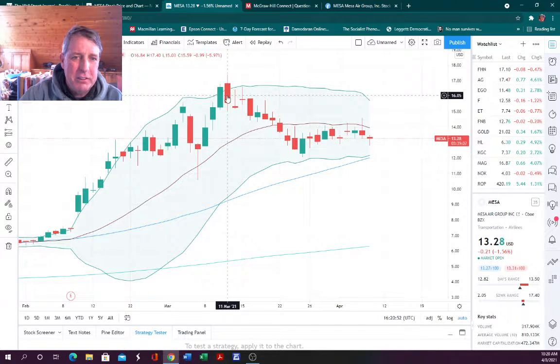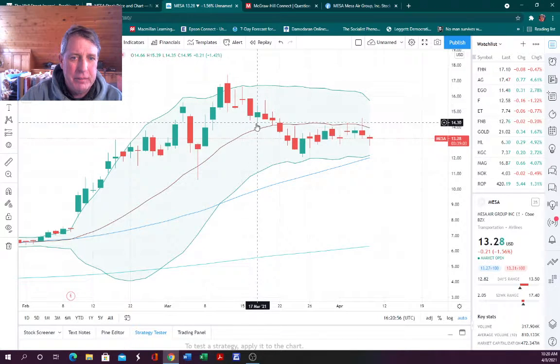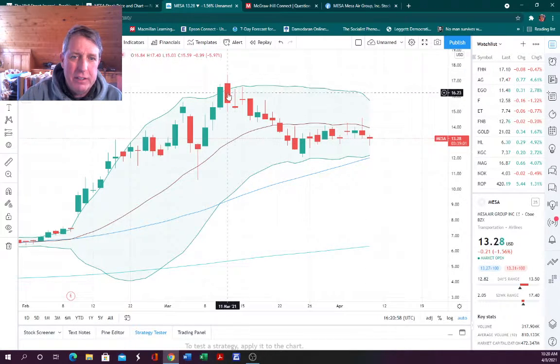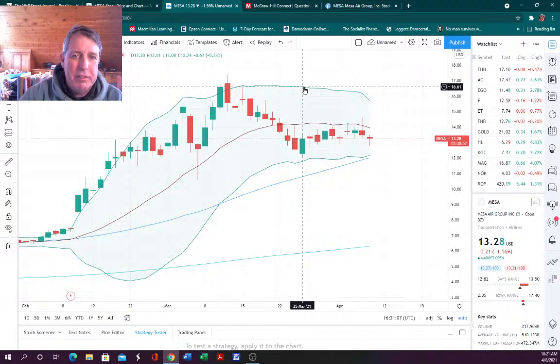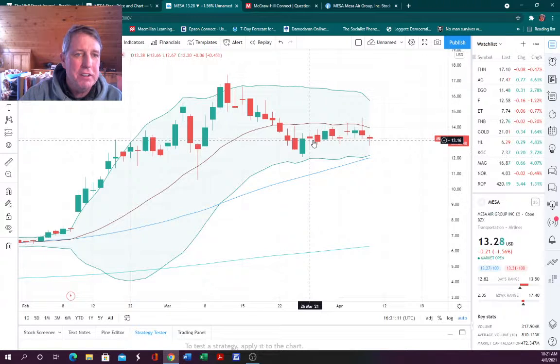Each one of these candlesticks, as we call them, is a day of trading. These lines up here and down here are called Bollinger Bands. The Bollinger Bands go at 30% and 70% of the mean of the average.